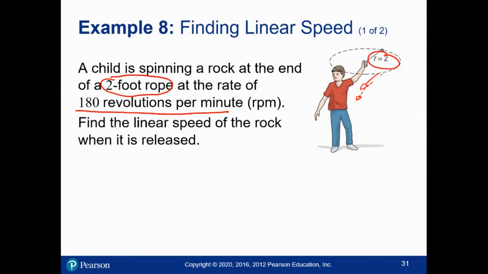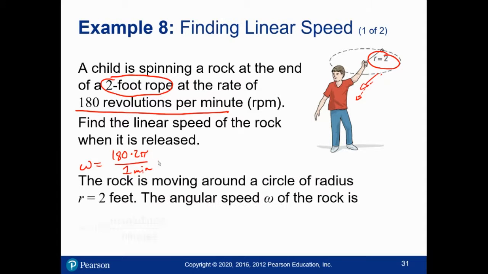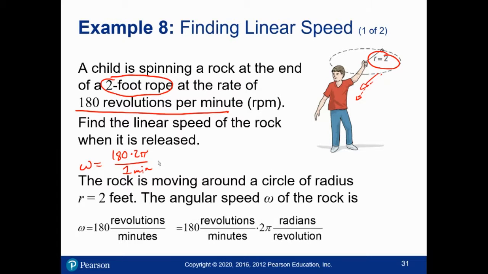180 revolutions per minute, that's my angular speed. So in 1 minute, I do 180 complete revolutions. But each revolution is 2 pi radians. So I'm going 360 pi radians every minute.